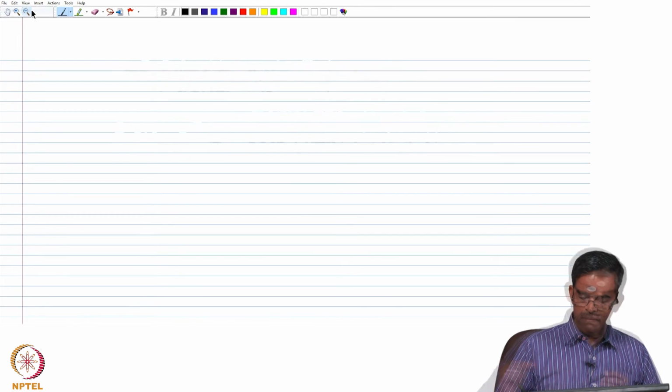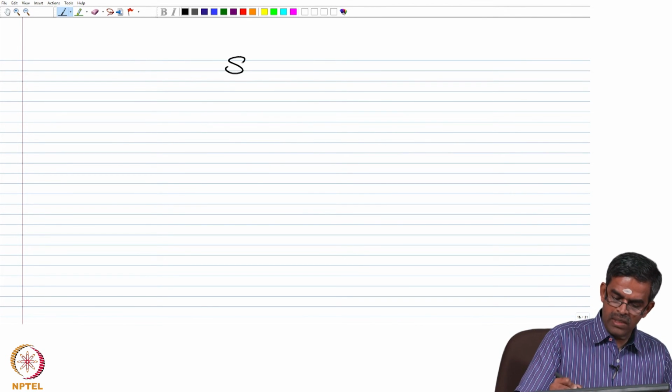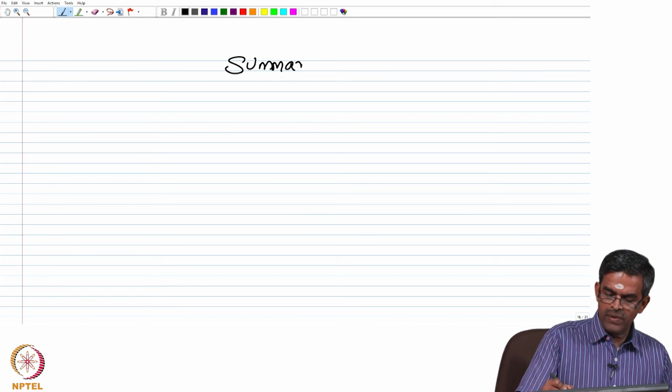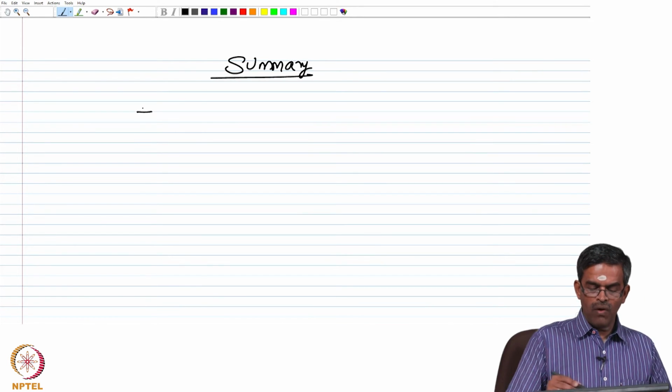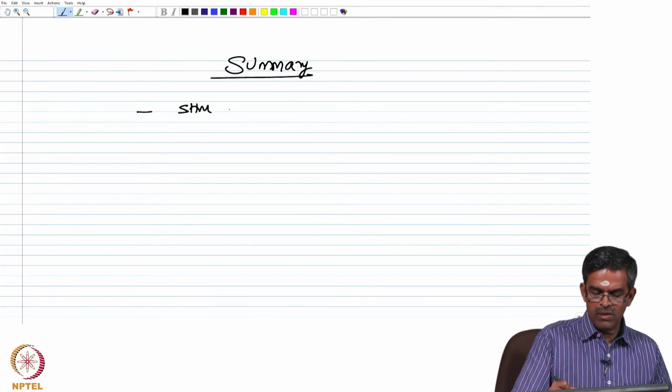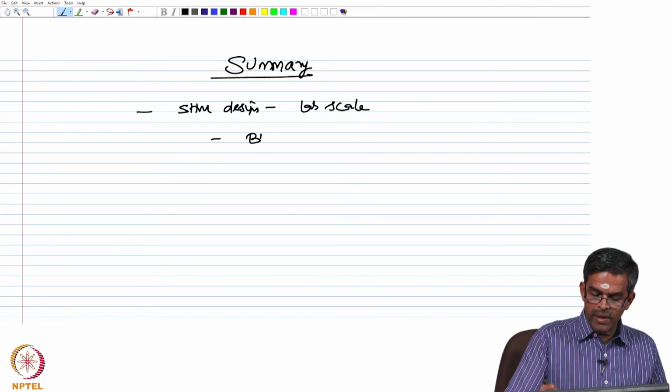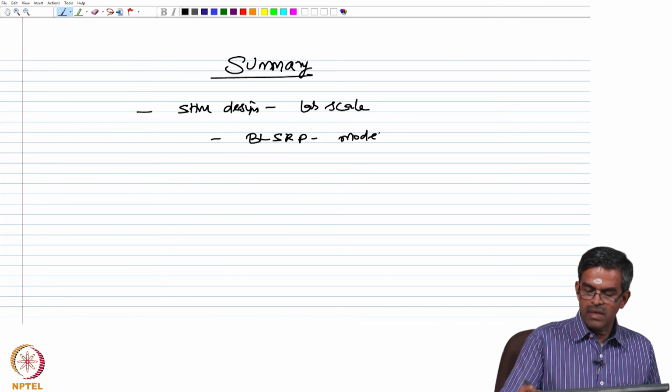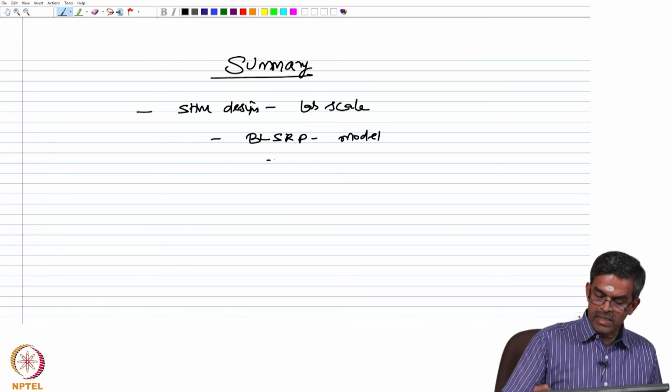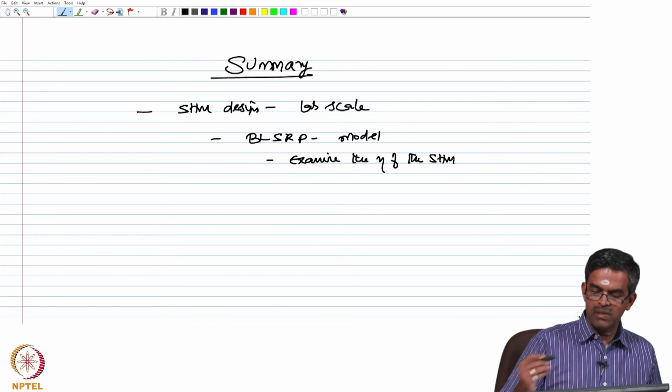So, friends, let us look at the summary of what we have seen in this lecture. We are looking for a structural health monitoring design on a lab scale. We have taken the buoyant leg storage and regasification platform as a physical model to examine the efficiency of the structural health monitoring system.